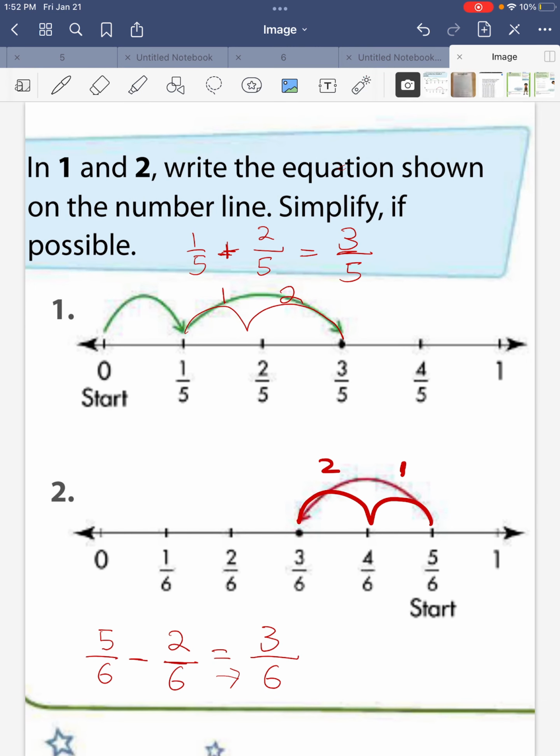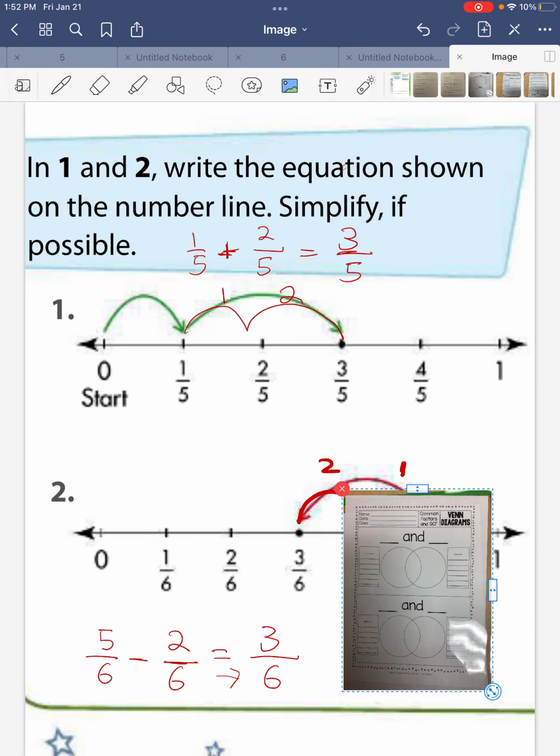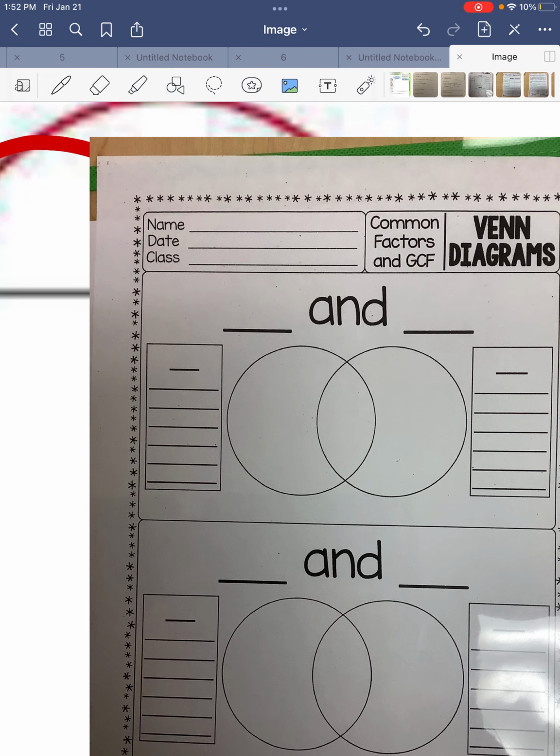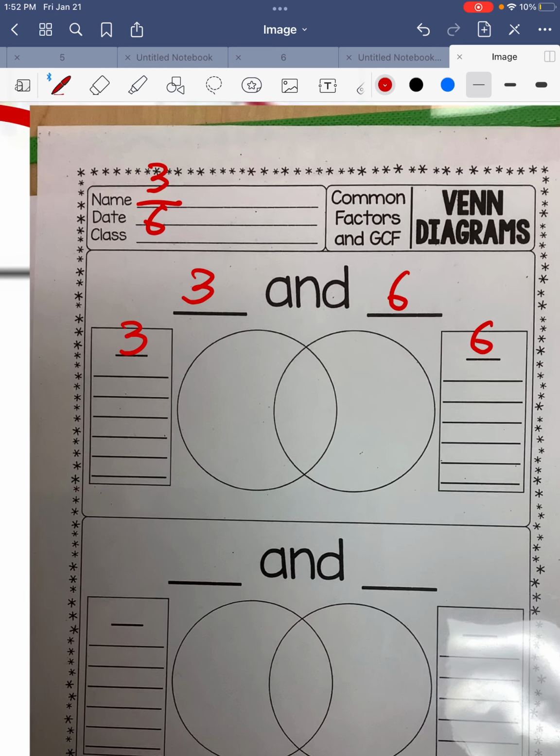So I'm going to pull out my chart. I'm going to put it over here. And in it, I'm going to put 3 over 6, put my 3 over here, my 6 over here, okay?